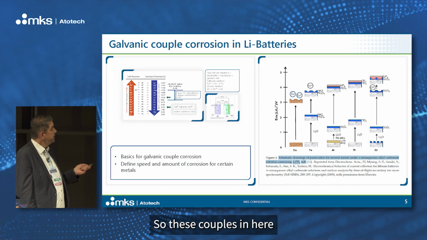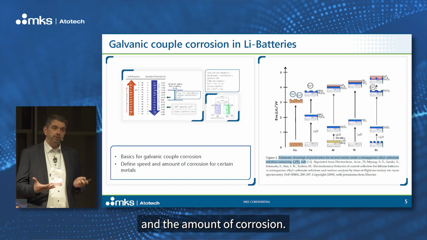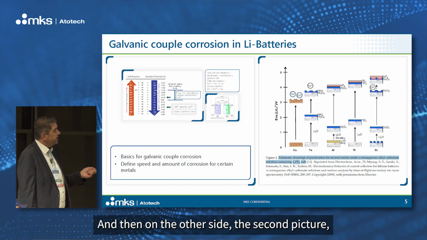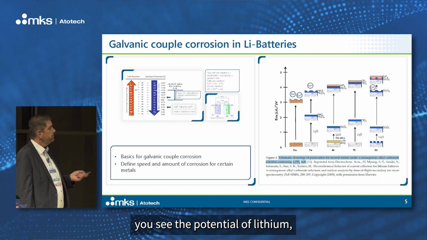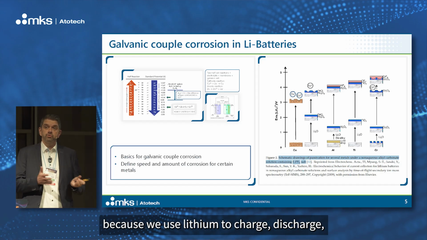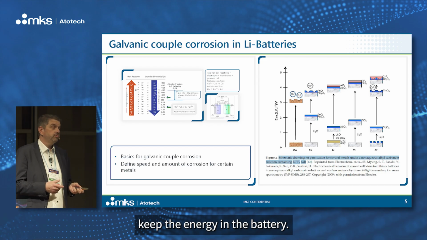So these couples, which we may face in the battery, will determine the speed and the amount of corrosion. And then on the other side, in the second picture, you see the potential of lithium, which is the ion in the battery electrolyte, because we use lithium to charge, discharge, and keep the energy in the battery.